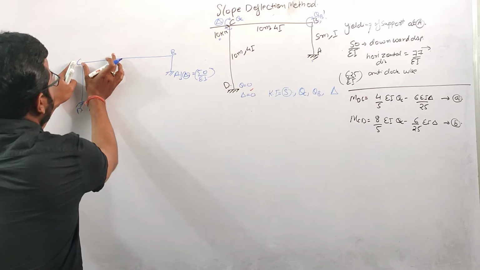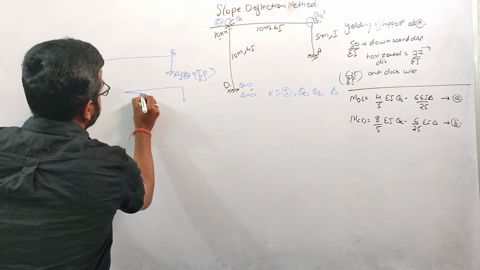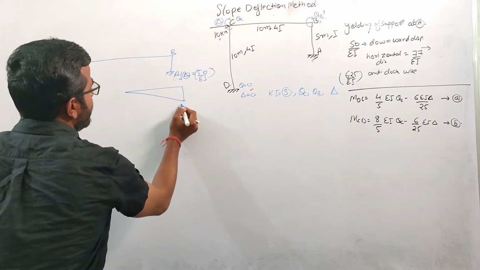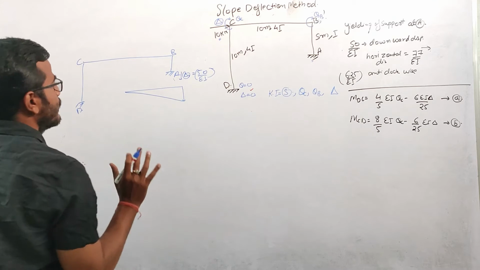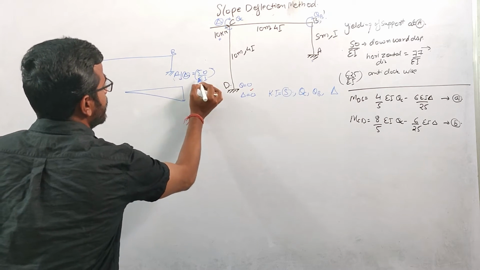So if we think about this member CB, it is coming down like this. Okay, so due to settlement, sinking of supports, there will be some moment induced in this beam CB, right? Due to this sinking of support at A.